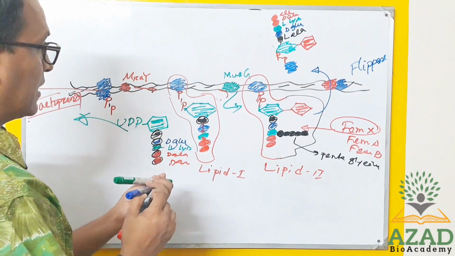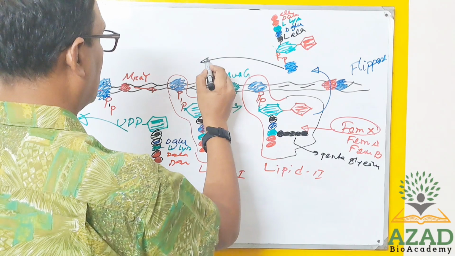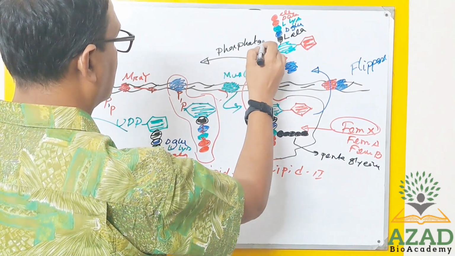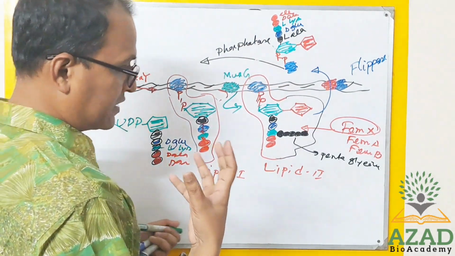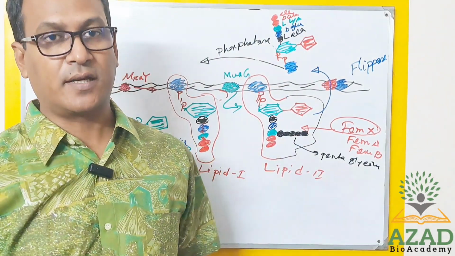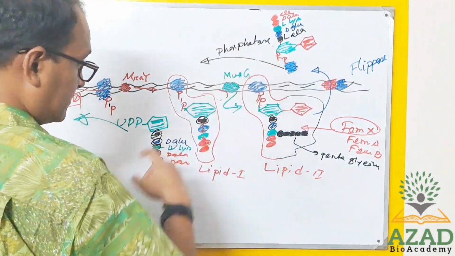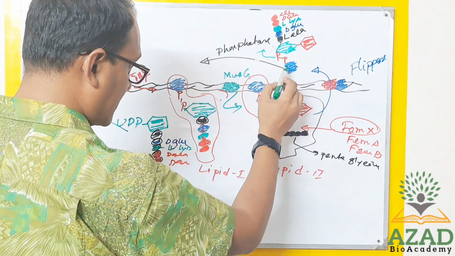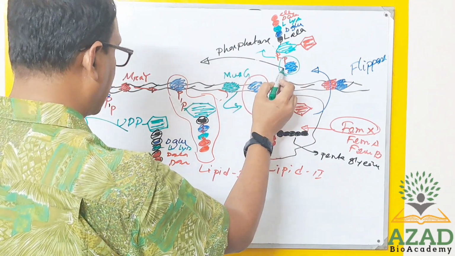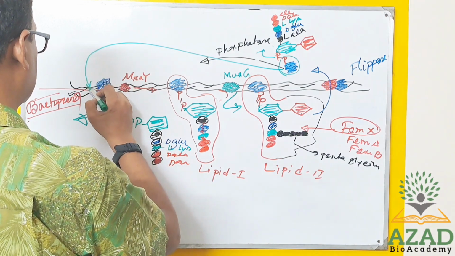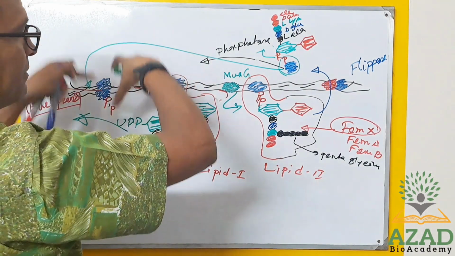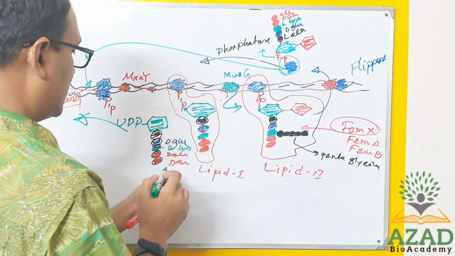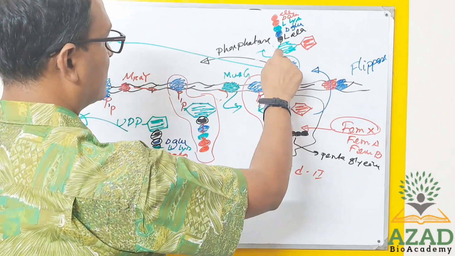It will be recycled by an enzyme called phosphatase. You know the function of phosphatase, that means it will dephosphorylate. Okay, so from here, a phosphate will be removed, and the bactoprenol carrying one phosphate will again be embedded in the membrane. Okay, so now it will be free.